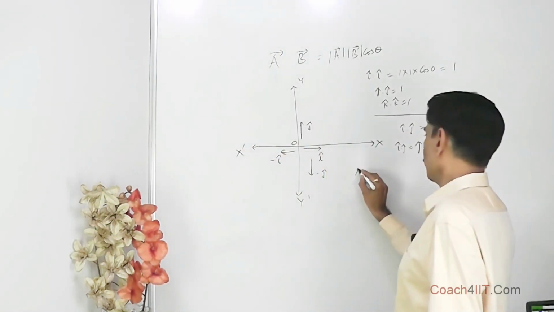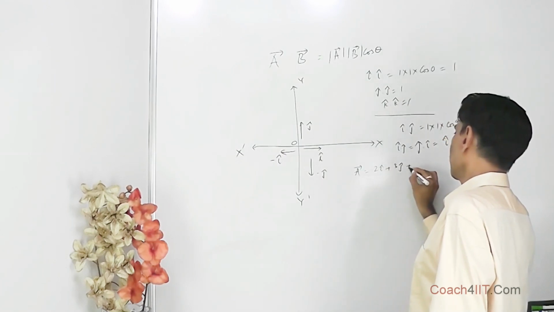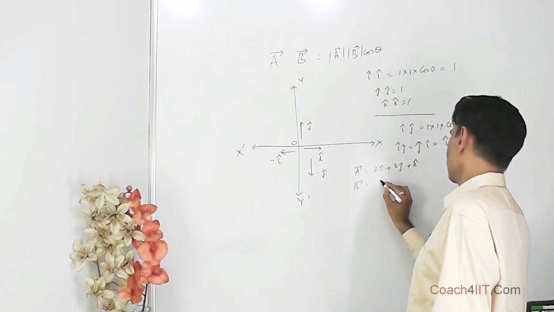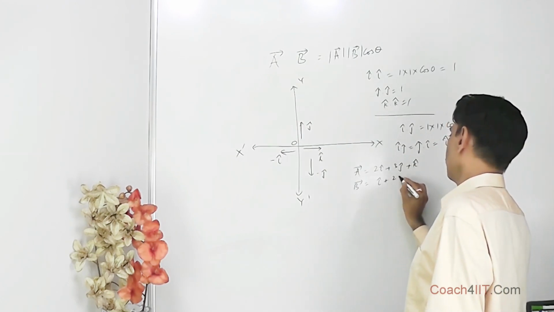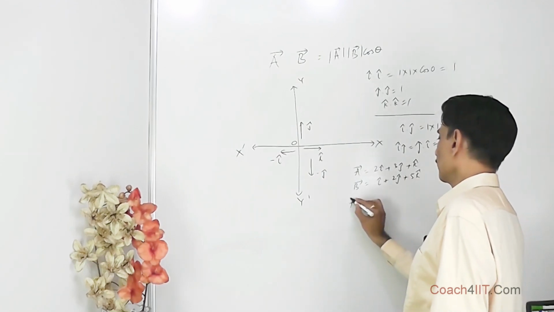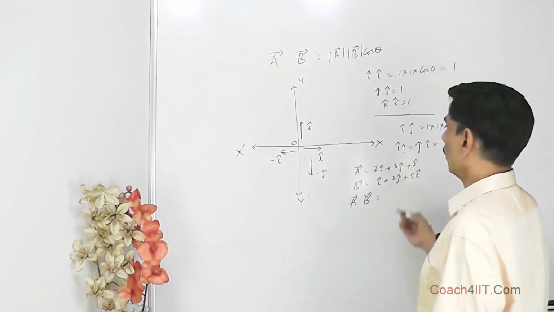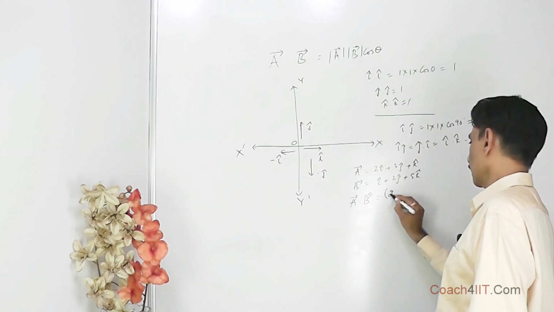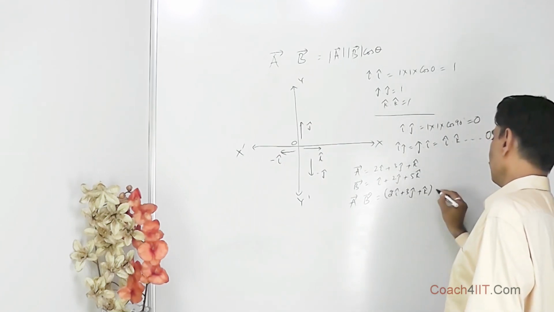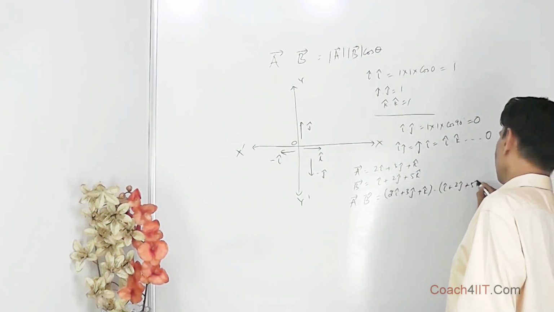Now let's say we have a vector, suppose 2i plus 3j plus k is vector A, and vector B is, let's say, I plus 2j plus 5k, and we have to find A dot B. We can directly write it as 2i plus 3j cap plus k cap dot I plus 2j plus 5k cap.